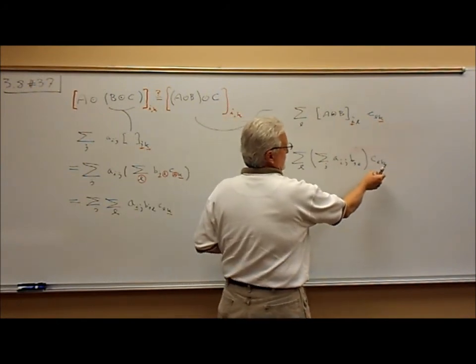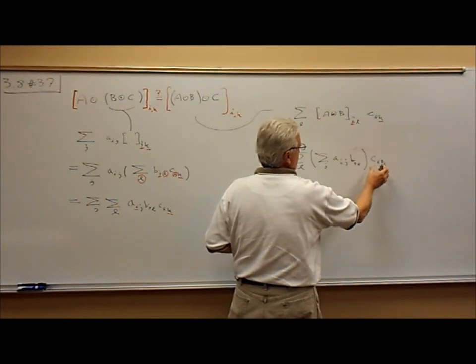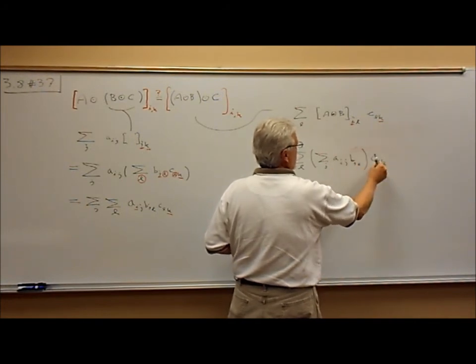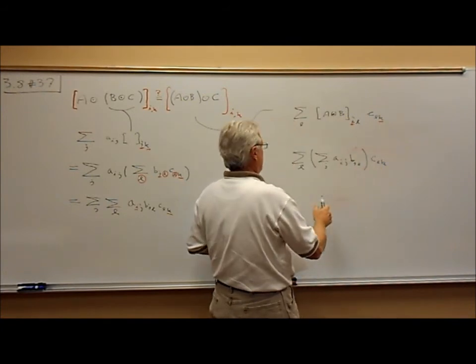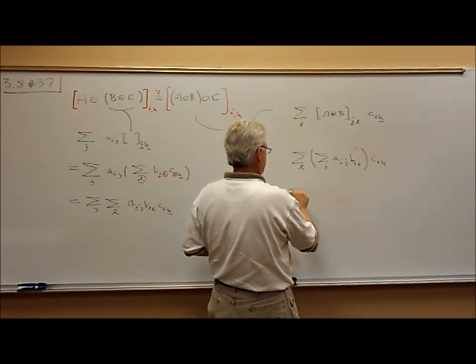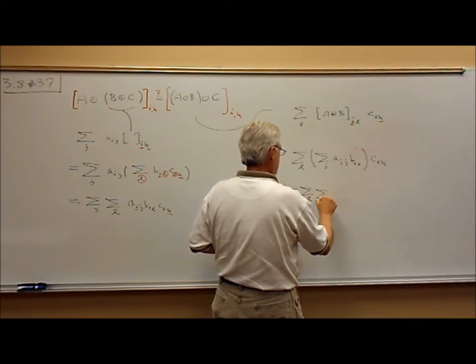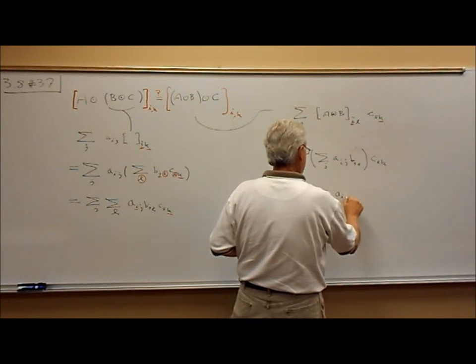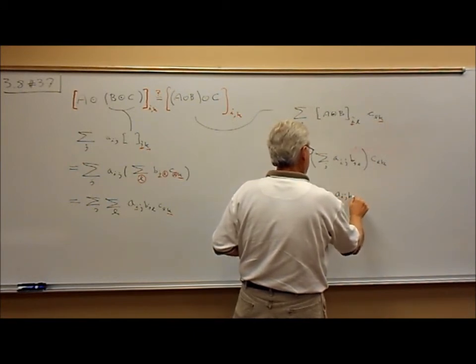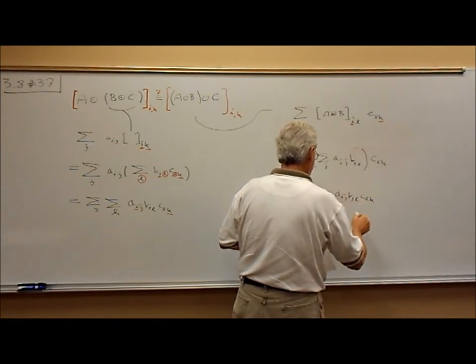Now, again, the distributive law works from the right as well as the left. So A plus B times C is the same as A times C plus B times C. And so I can rewrite this as a sum over L and then a sum over J of A-I-J, B-J-L, C-L-K.